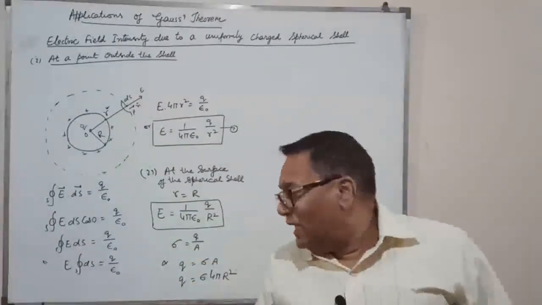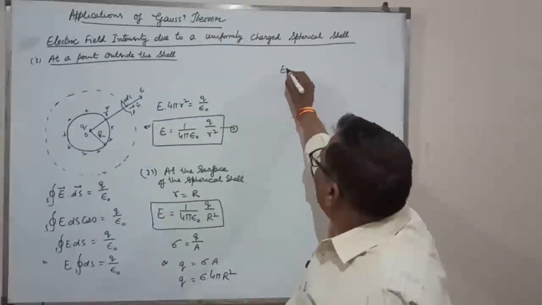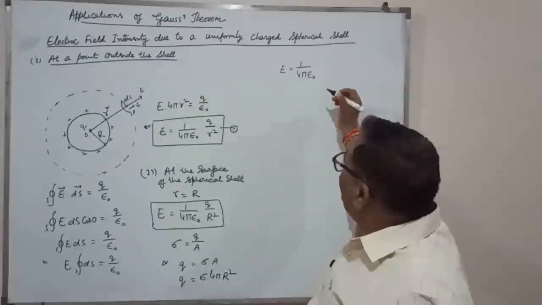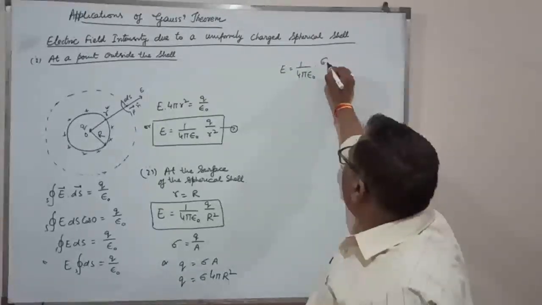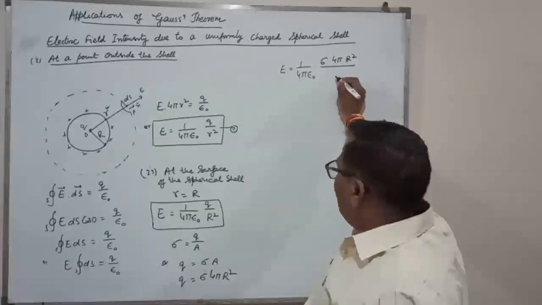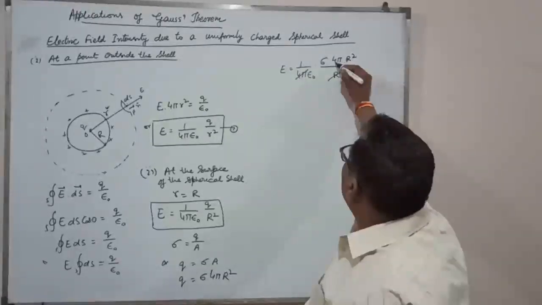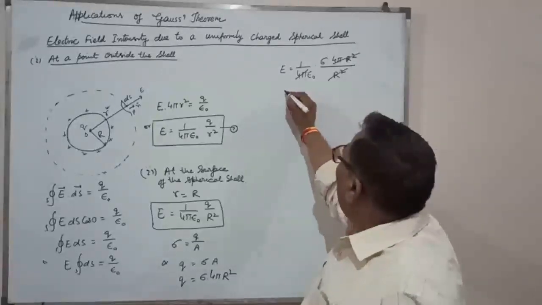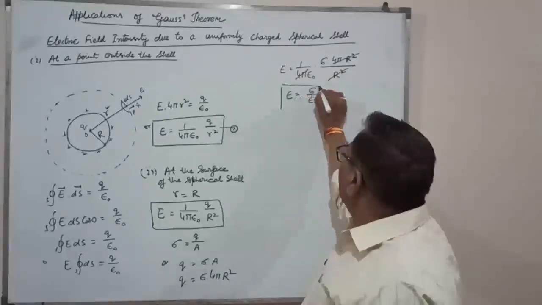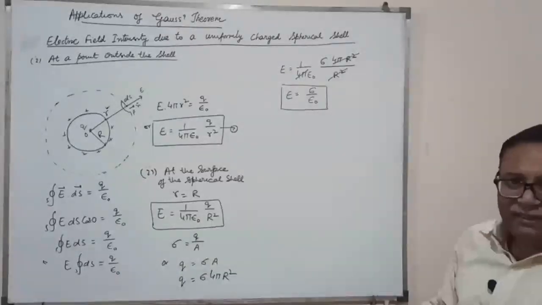Clear? Then keeping this value in the equation, E is equal to 1 upon 4 pi epsilon 0 sigma 4 pi R square upon R square. Then 4 pi R square and 4 pi cancel, or E is equal to sigma upon epsilon naught. This is the electric field intensity at the surface of the spherical shell.